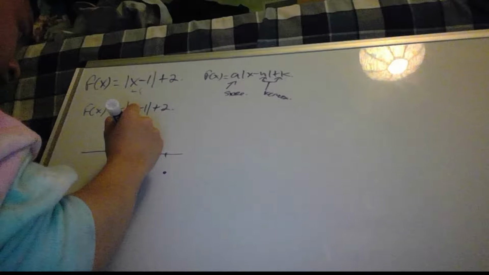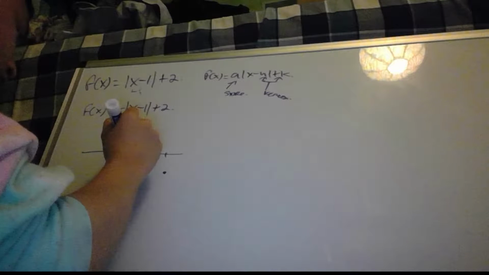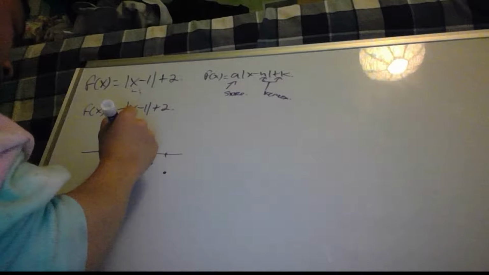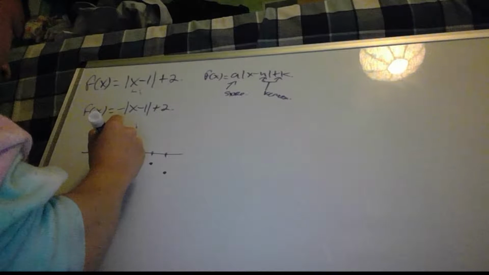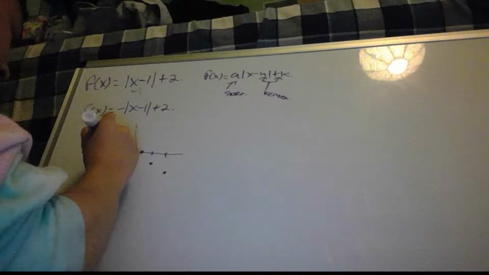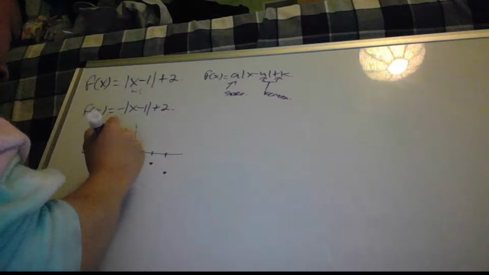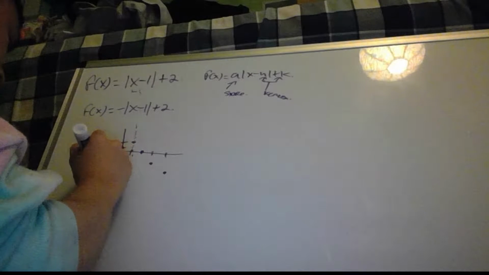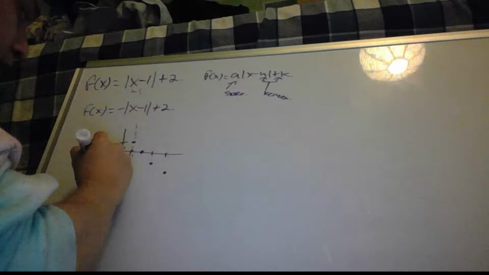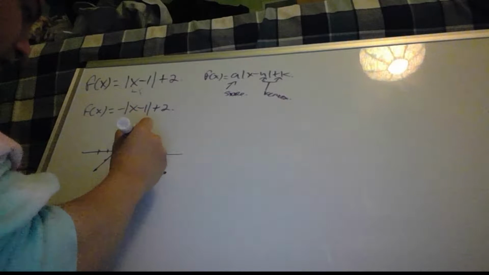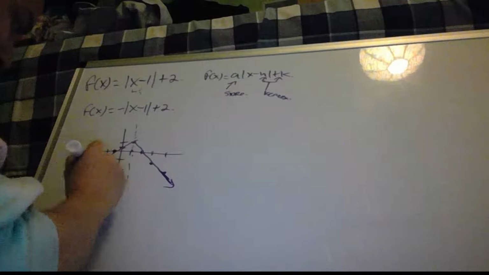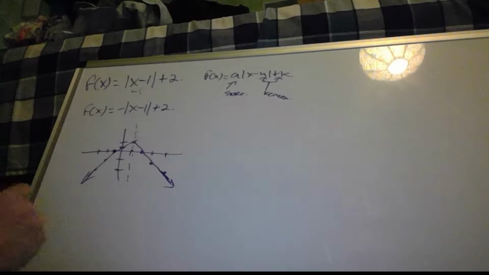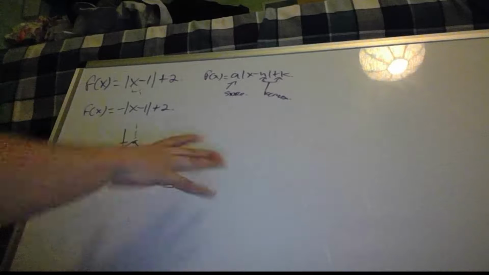It's going to be down 1, left 1, down 1, left 1, down 1, left 1, right? So then it's going to look something like this. It's not the best sketch, but that's how it would look. That's how you know it's upside down, pointing down.